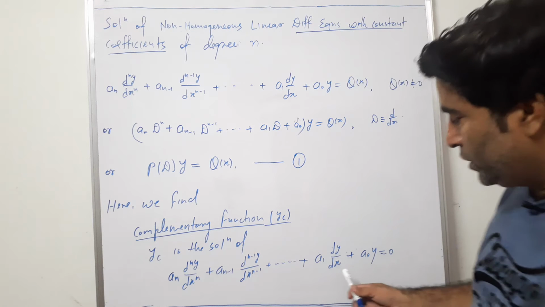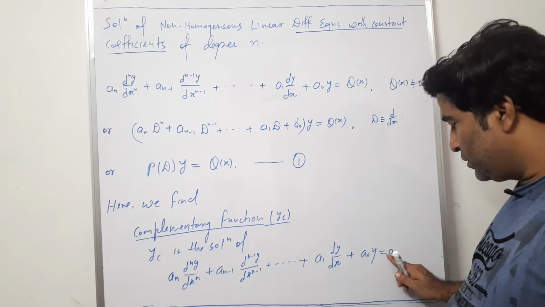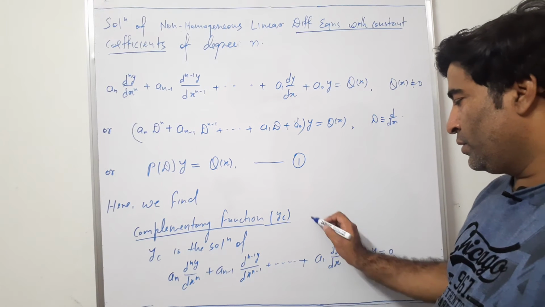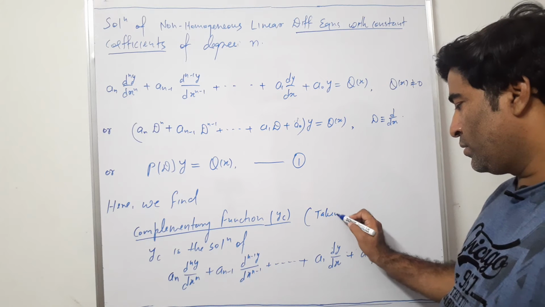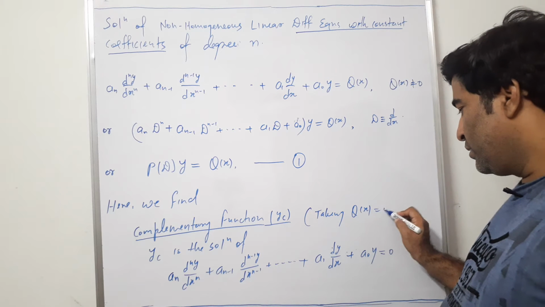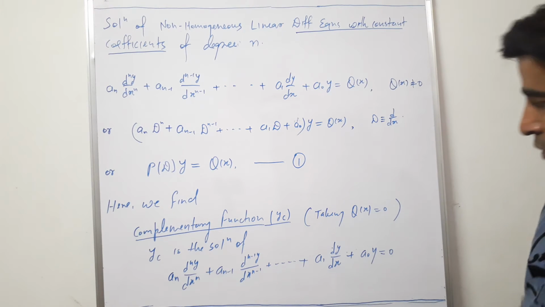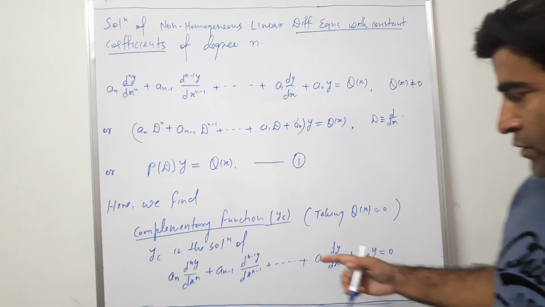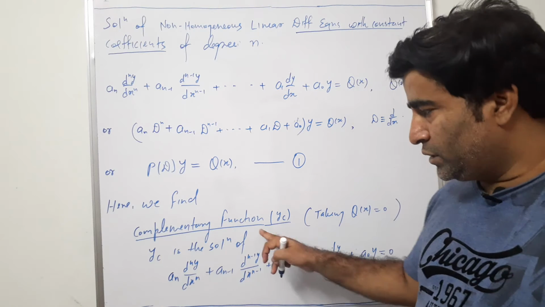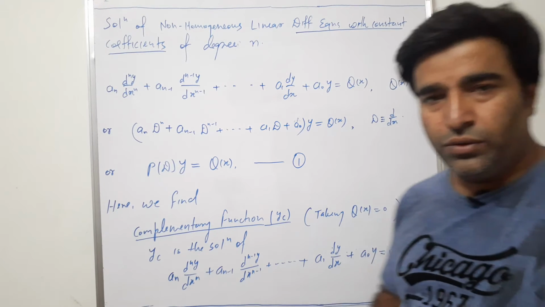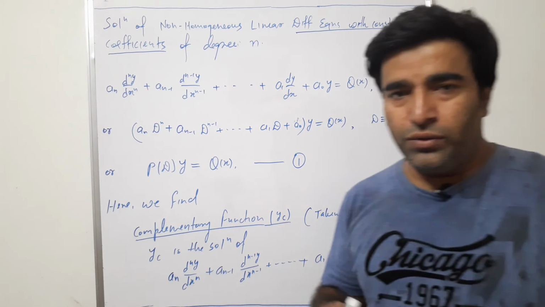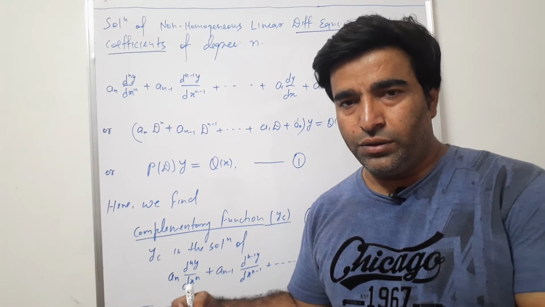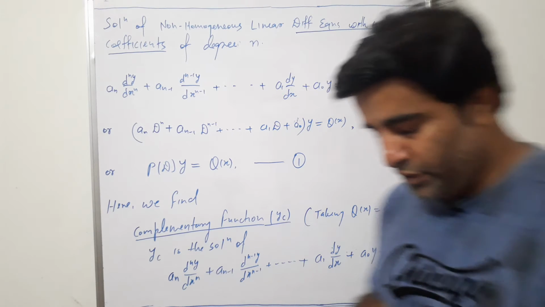This is actually the homogeneous linear differential equation, where on the right hand side we take Q as 0. Taking Q equal to 0, we solve it, and the solution is denoted by y_c, and this is called the complementary function. So the complementary function is the solution of the homogeneous linear differential equation associated with the non-homogeneous differential equation.